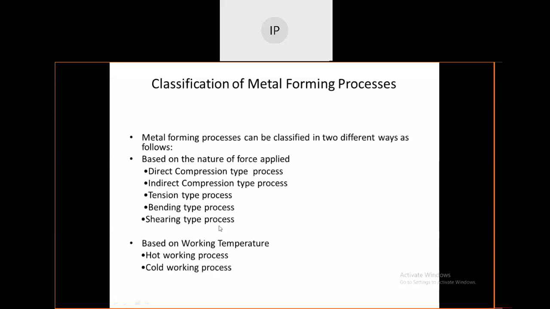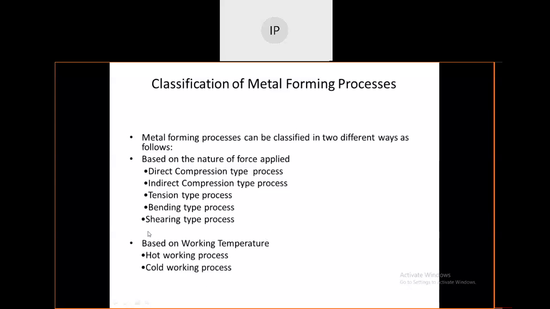The second one is based on the working temperature. The temperature of the workpiece material will vary. Based on that we have two types: hot working condition and cold working condition. There will be changes in the crystalline structure of the material.